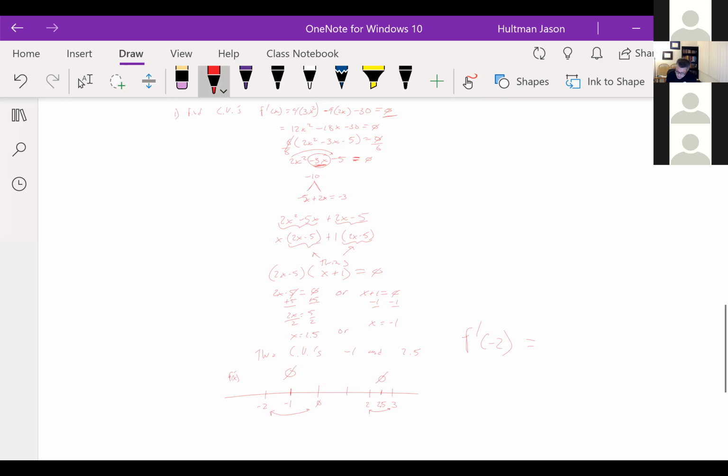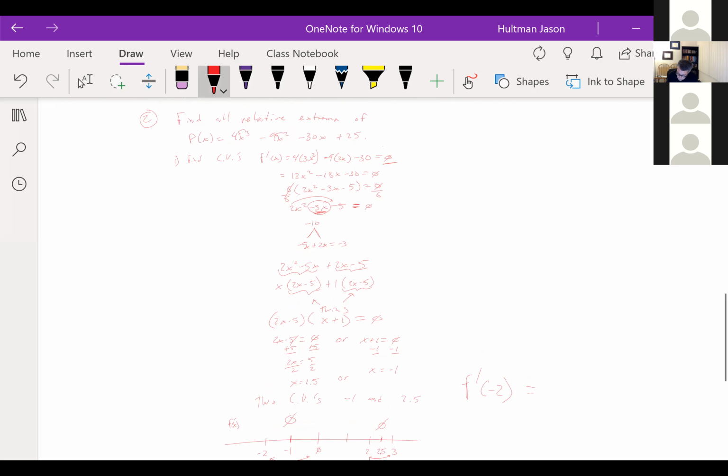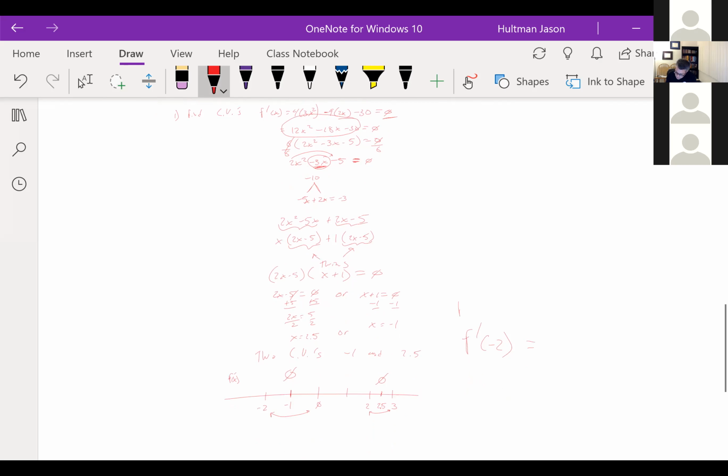Well, what's f prime? F prime of x was equal to 12x squared minus 18x minus 30, right?